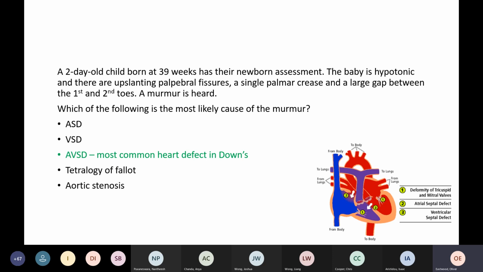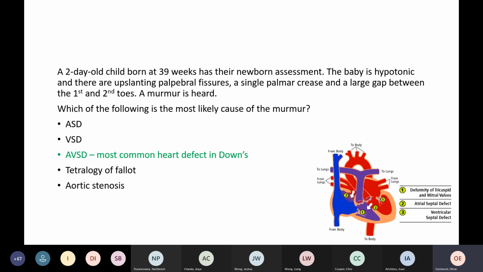So what you should be able to recognize is from the characteristic features. This is describing a Down syndrome baby. It's the slanting palpebral fissures at the corner of the eyes. The single palmar crease is again alarm bells for Down syndrome, and a large gap between the first and second toe is just describing a sandal gap.